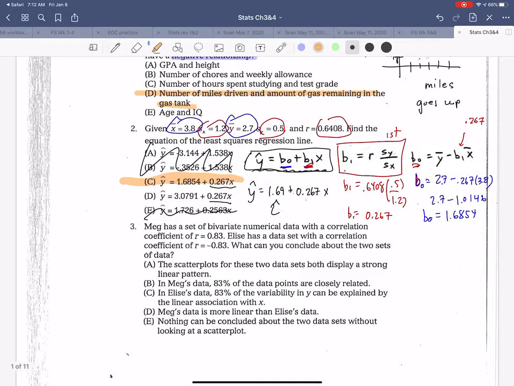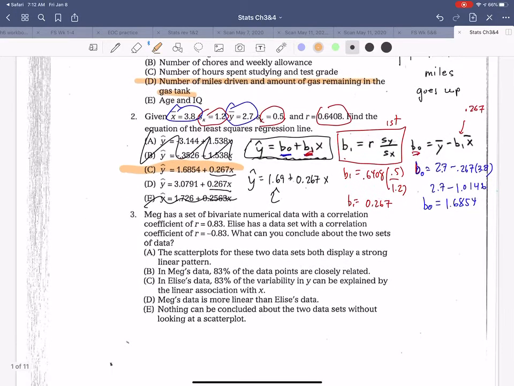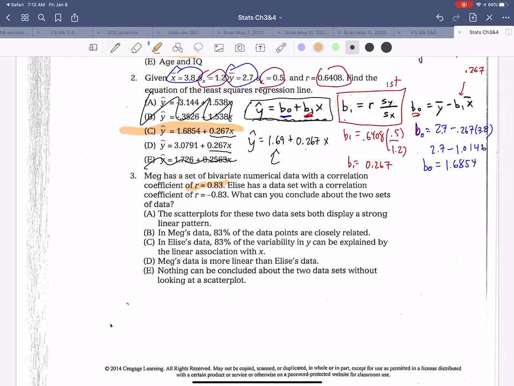Now let's look at 3. Meg has a set of bivariate numerical data with a correlation coefficient of 0.83. Elise has a data set with a negative correlation, but the same amount. So what does this mean? An R value of 0.83 would essentially say that the dots are fairly close to the line of best fit.